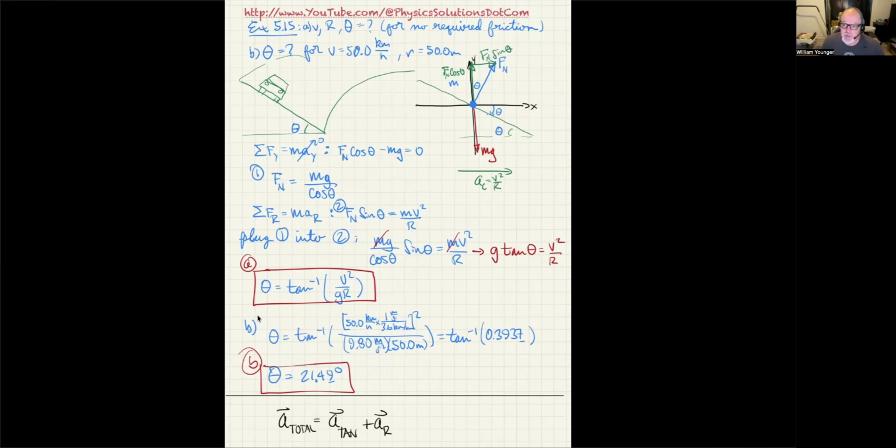Or if you're actually allowing yourself to drift out, it would be radially outward. But the main thing is that the magnitude of A total would equal the square root of A tangent squared plus A radial squared, like that. That's the only thing you really need from that section. And you can see they worked one example, example 5.16, and that's it. That's fairly trivial. So I'm skipping over that so we can jump into the next part, which is air drag.